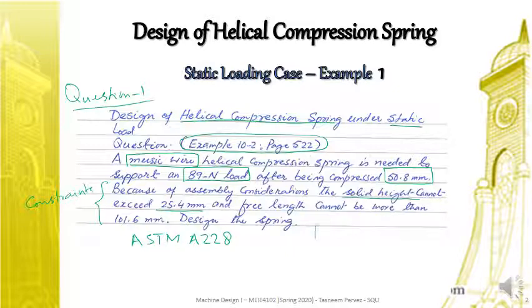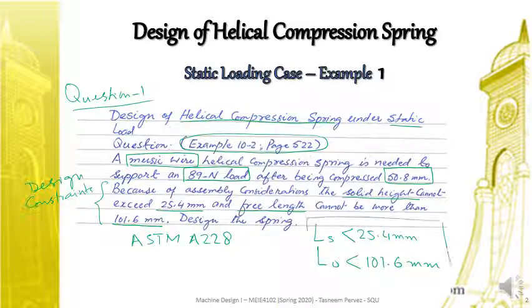So it means my LS has to be less than 25.4 millimeter. And the free length L0 cannot be more than 101.6. So it has to be less than 101.6 millimeter. So these are my design constraints. So here are my design constraints.